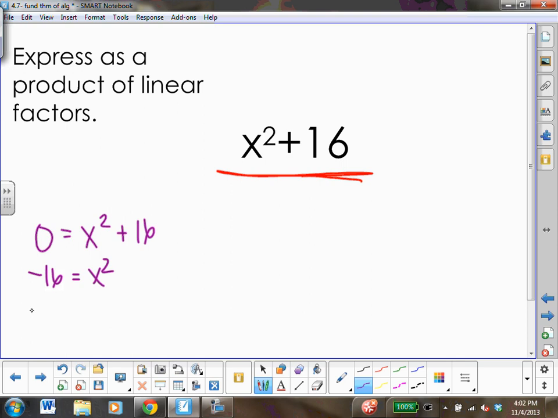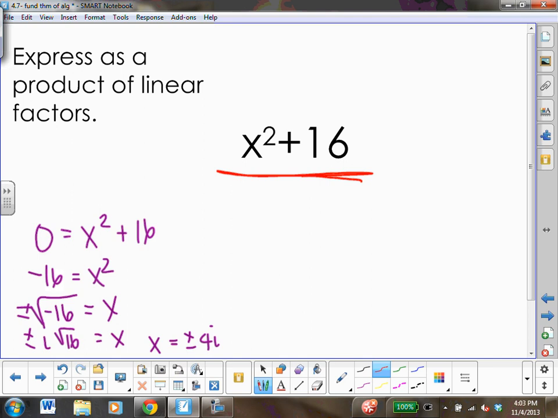When I square root both sides, I have the square root of -16, which means that I have to pull out an i for the square root of 16. And remember, this is still plus or minus. So x would equal plus or minus 4i.